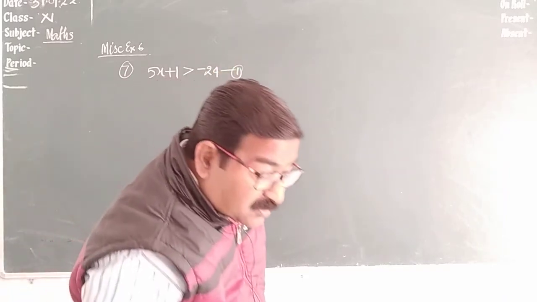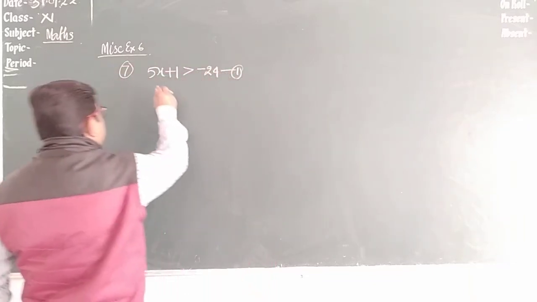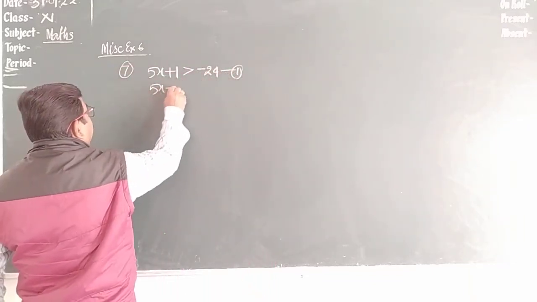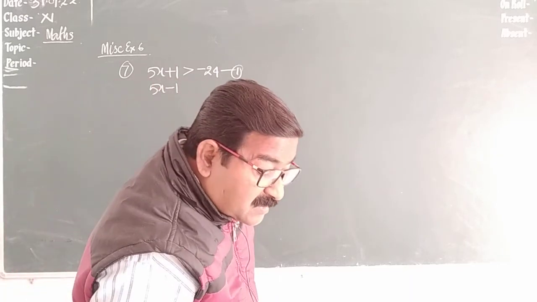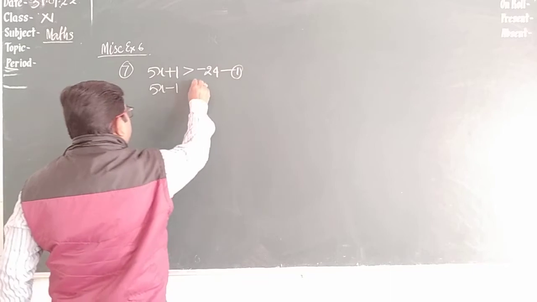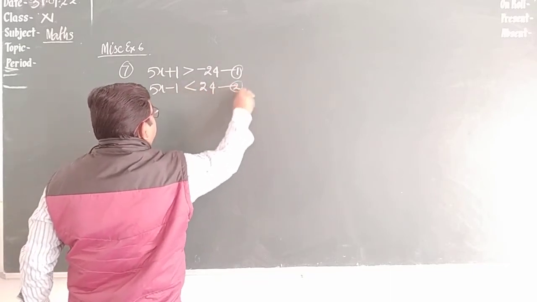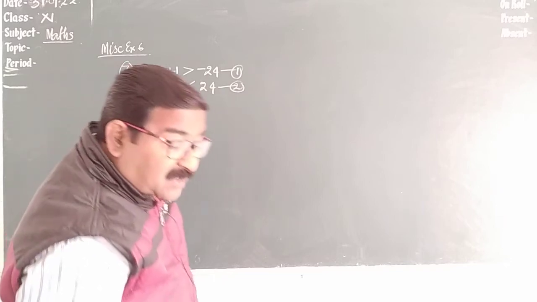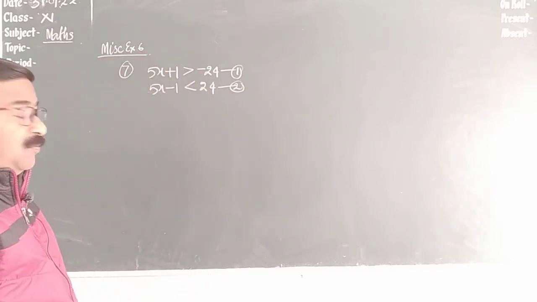And the second inequality is given, 5x minus 1 is less than 24. Two inequalities are given. Let's solve from 1.